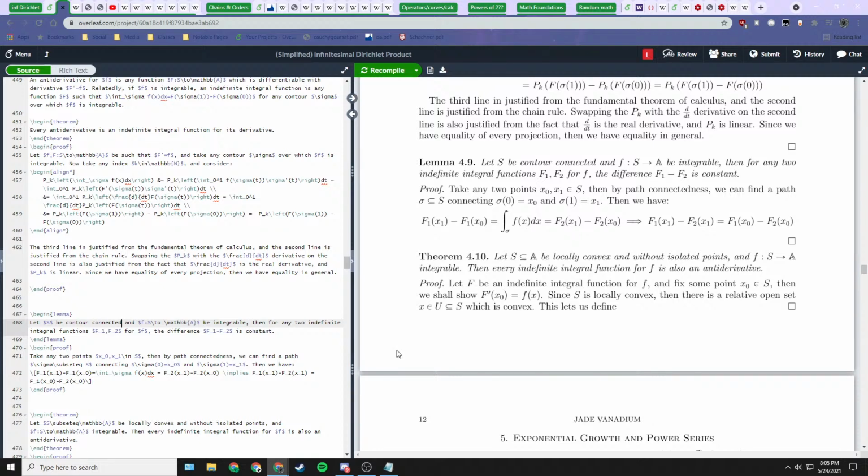Then you can find a contour sigma in S connecting sigma 0 to x0, sigma 1 to x1. Then we have this is that, which implies this difference is that difference.